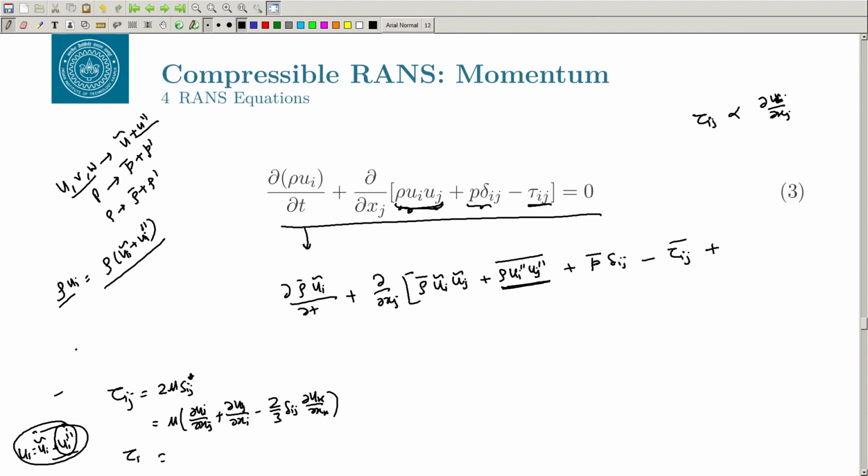I call that tau_ijL, which is basically mu times (del u_i double prime by del x_j plus del u_j double prime by del x_i) minus 2 by 3 delta_ij del u_k double prime by del x_k, and you are taking an average of that. I am denoting all this as tau_ijL. So you can write it as minus tau_ij and minus tau_ijL.